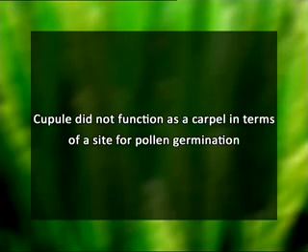The latter is strong evidence that the pollen grains were transported directly to the ovules, perhaps by means of a pollination droplet, as we commonly see in present-day gymnosperms, rather than what we see in angiosperms as a stigmatic region, where pollen tubes are formed. Therefore, the cupule did not function as a carpel in terms of a site for pollen germination, as we see in angiosperms.